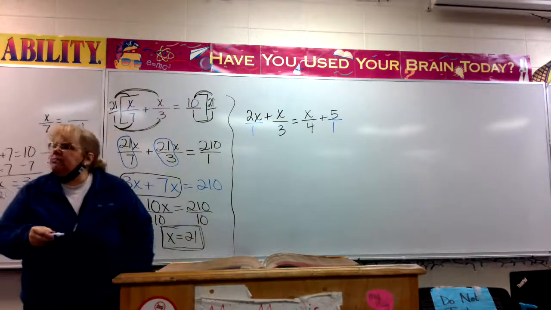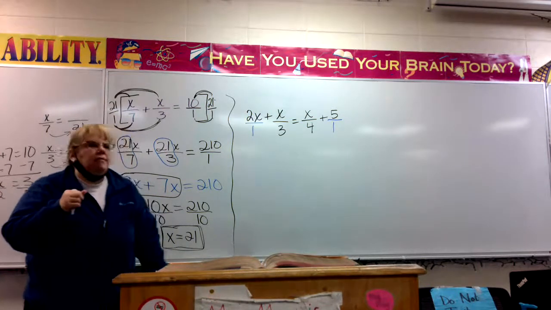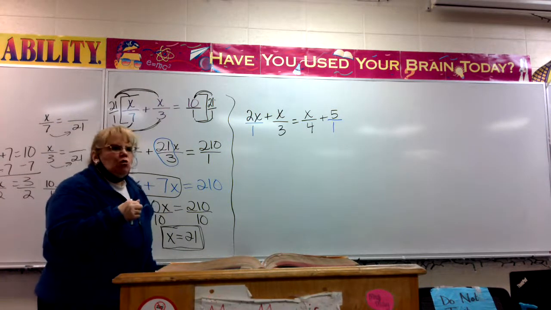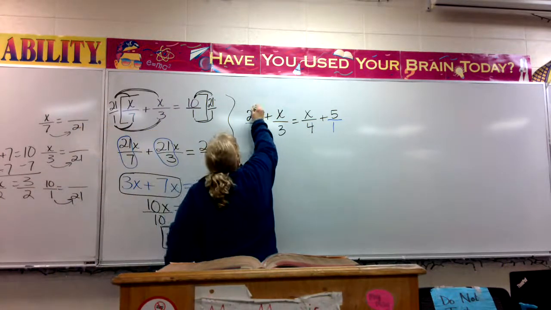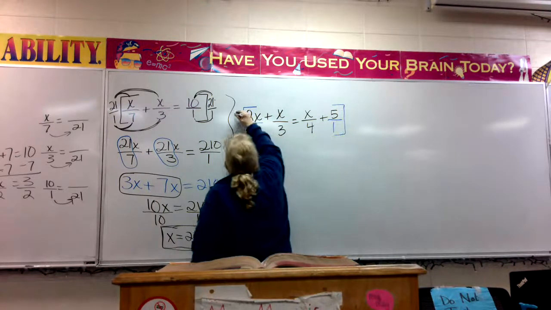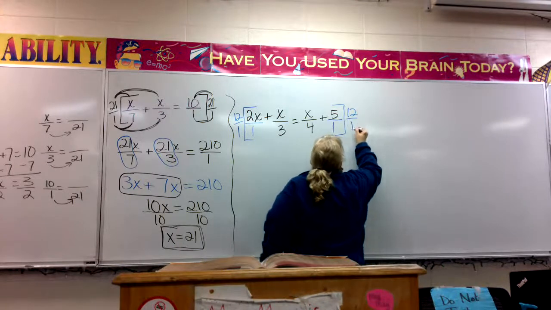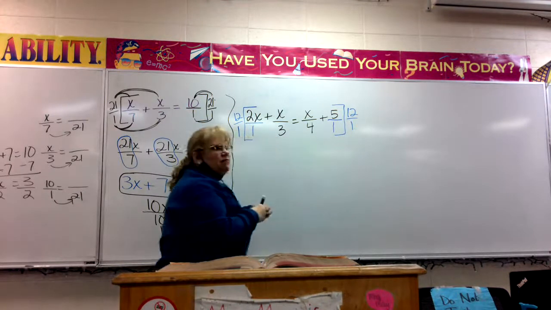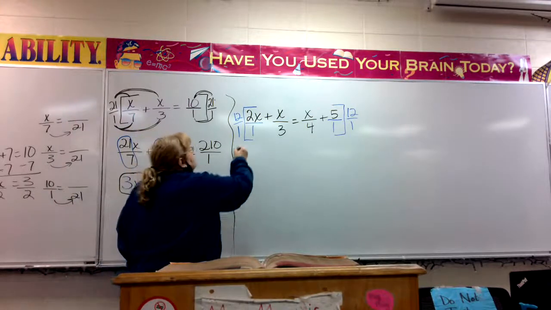What would the common denominator be? Sam, what would the common denominator be? 12, right? Everybody agrees? So what are we going to do? On both sides, we're going to multiply by 12 over 1. Whatever the common denominator would have been, that's what we're going to multiply by.